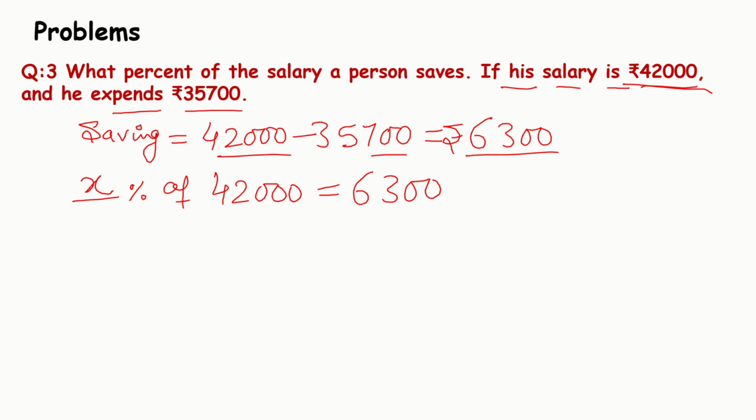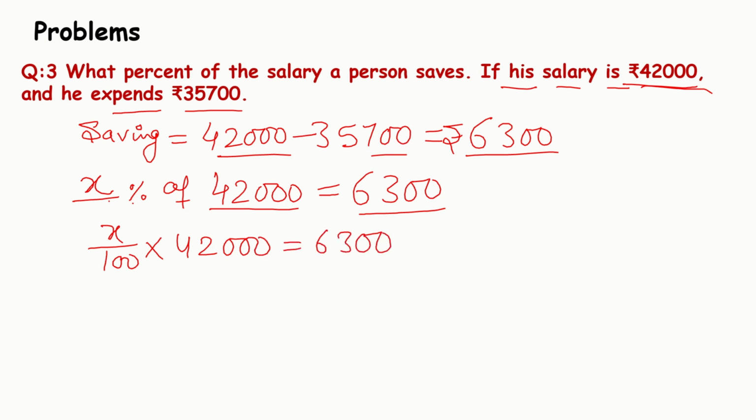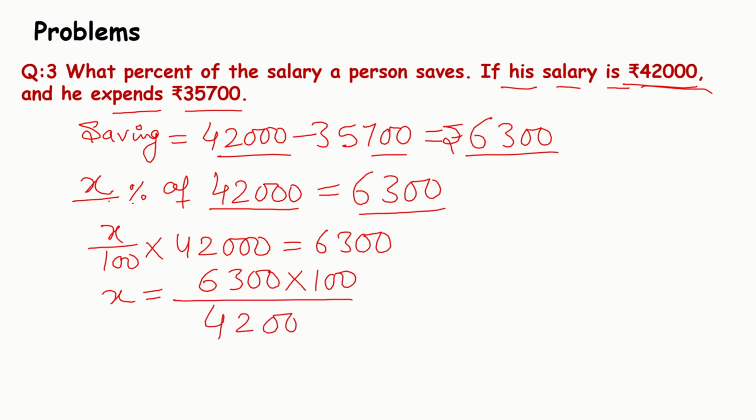X percent of the total amount equals 6,300. So x over 100 times 42,000 equals 6,300. Now transpose these two values to the other side. So x equals 6,300 times 100 over 42,000.